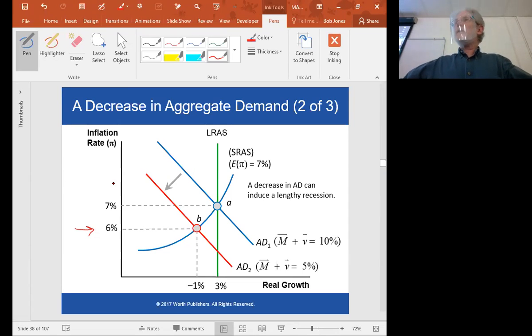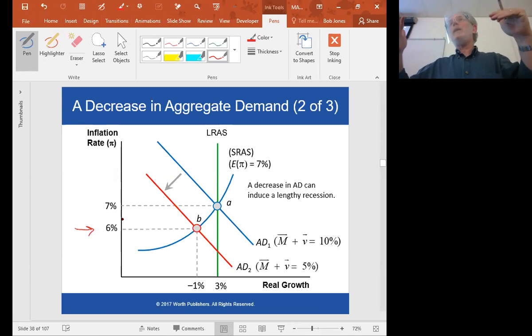Their wage costs have gone up by 7%. They thought that they would be able to raise their output prices by 7%, but they're not able to do it. Their output prices are going up by only 6%, which means because of this unexpected decrease in inflation, the firm's costs are going up faster than their revenues.